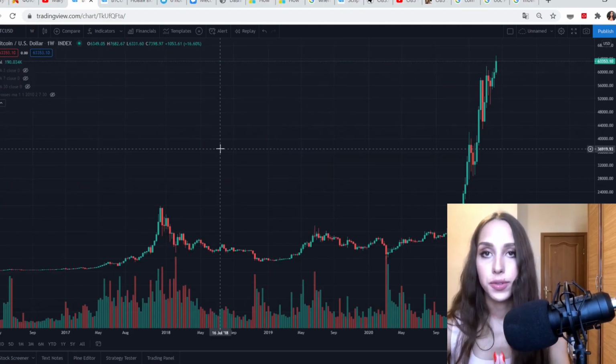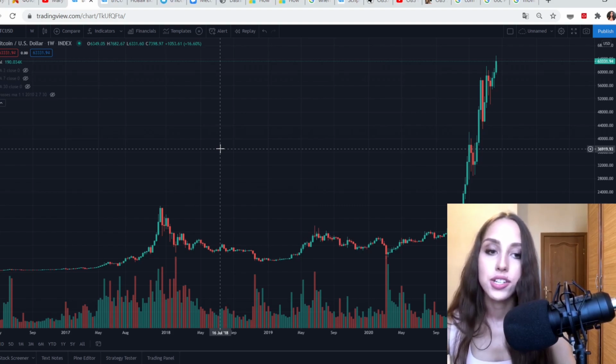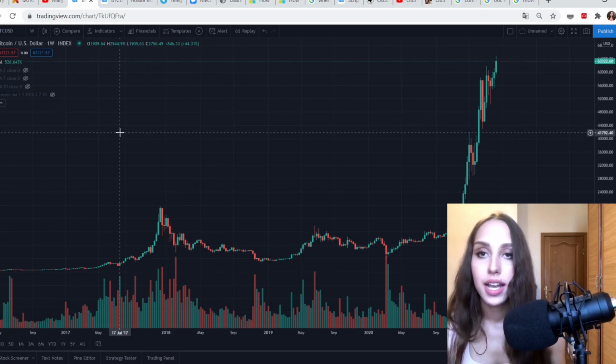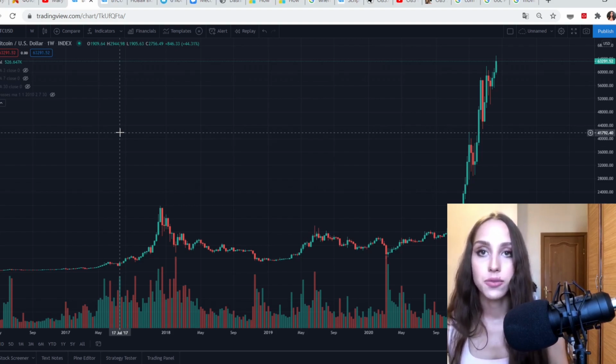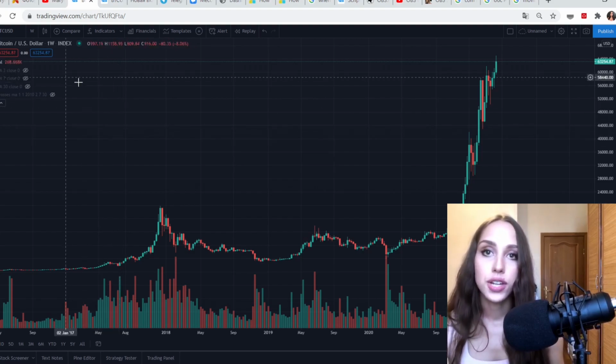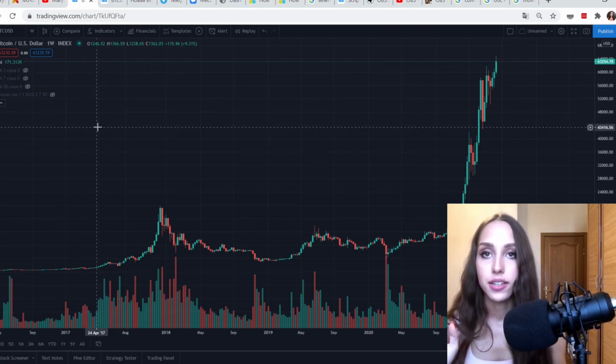So now we will delete all the moving averages and just look at this Bitcoin weekly chart. So we will test how our strategy, it's not actually a strategy, but a way some people use to recognize when the trend is going in another direction and when you should enter or exit your trades.